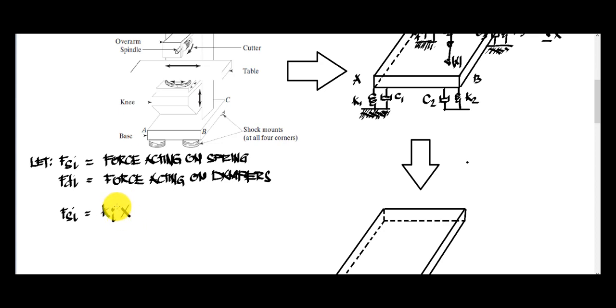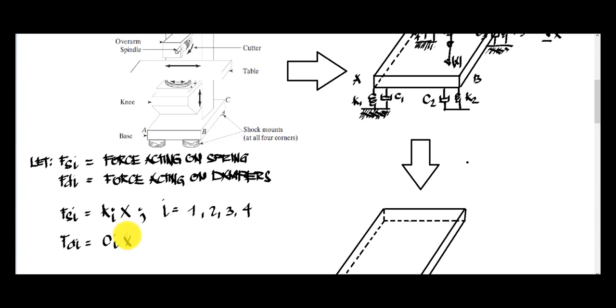X, where i is equal to the value of the different locations of damper 1, 2, 3, and 4. Now for the value of the damper, FDi, that will be the damping constant C, multiplied by the velocity.